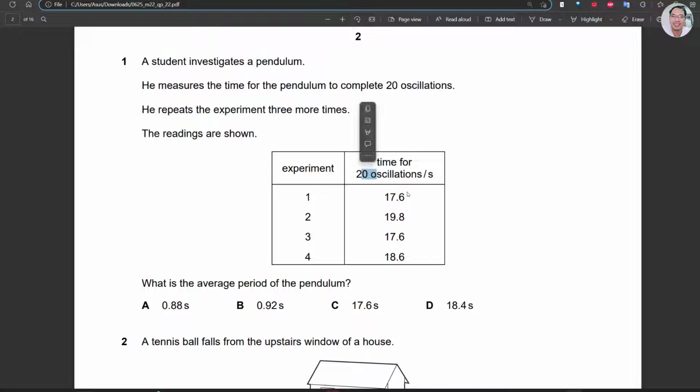20 oscillations. So firstly, you need to divide. There are 2 ways to do that. Firstly, divide each number here by 20 and then add the results and then divide by 4.